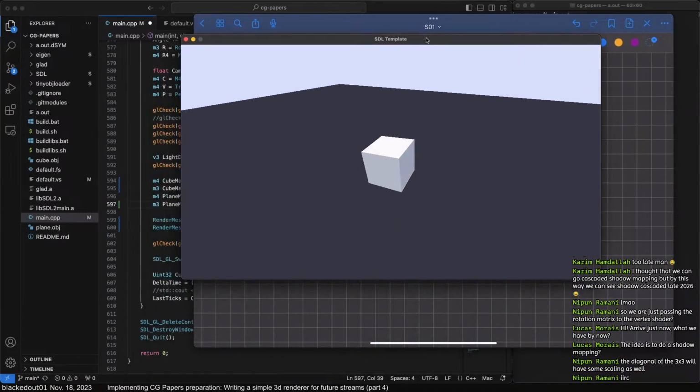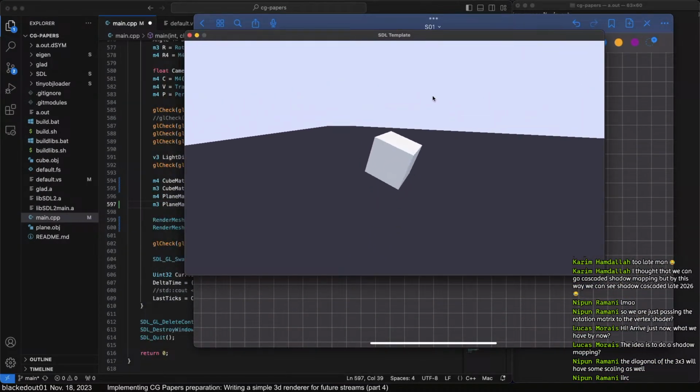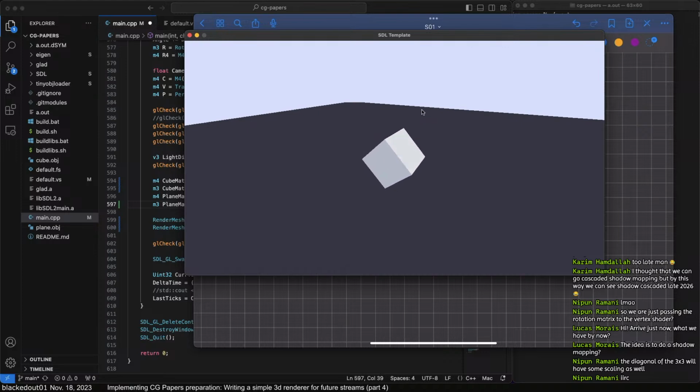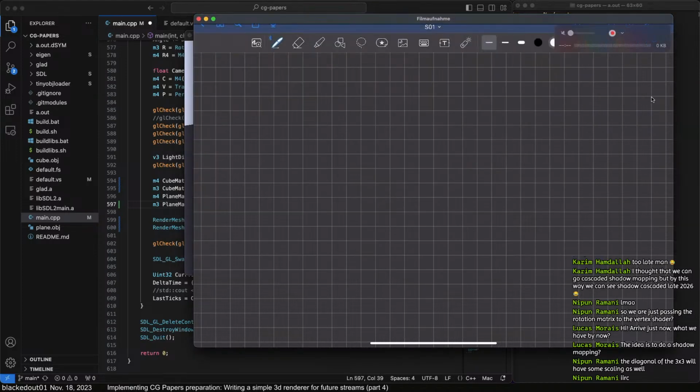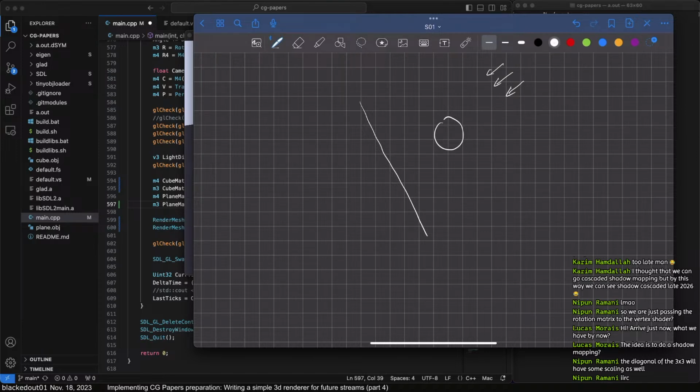If we look at this scene here, a shadow is really, we have an object here and the light source is here. And the shadow, let's say this is a directional light source, so it's basically infinitely far away. All light rays point in the same direction.